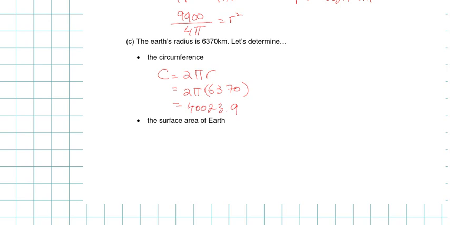Circumference, perimeter, what would be my unit? In this case, it's kilometer, so it's going to stay as kilometer, because the radius is not squared. Anytime you're looking for perimeter or circumference, it's just a unit.